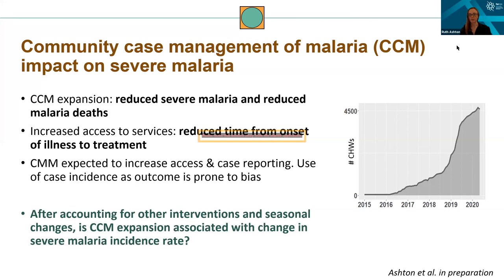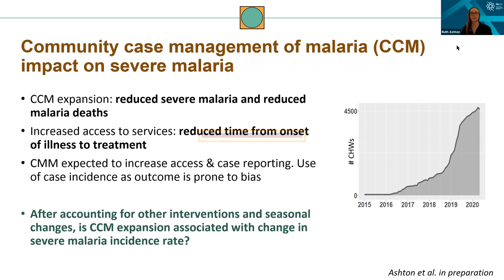So the figure on the right-hand side, you can see this is just the number of community health workers operating in Zambia from 2015 through 2020. So you can see there's been a gradual increase from almost no community health workers operating to more than 4,500. So a large expansion in this intervention across many parts of Zambia.